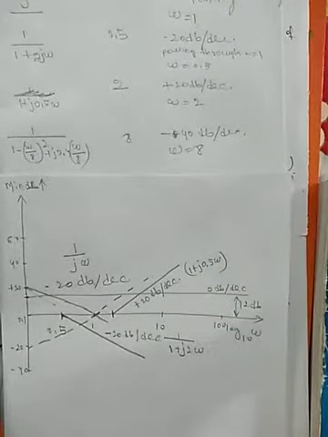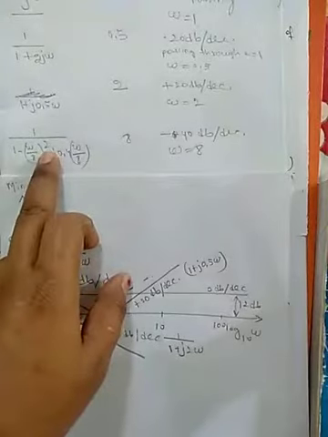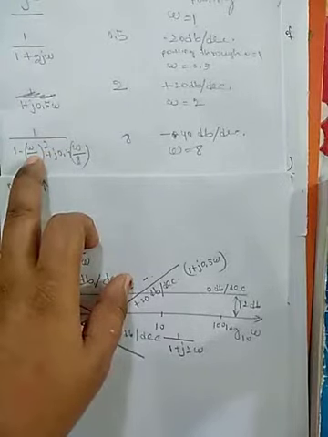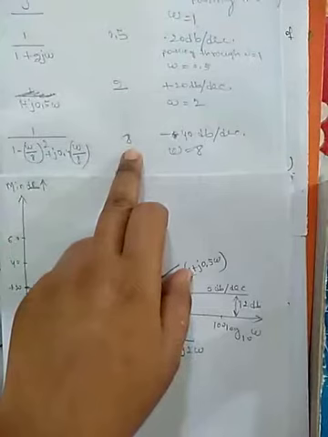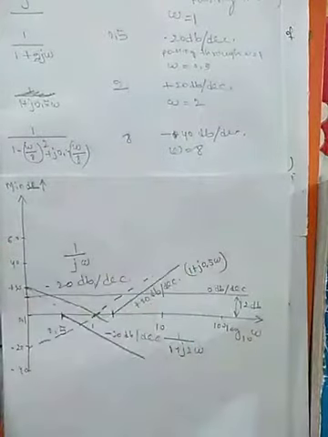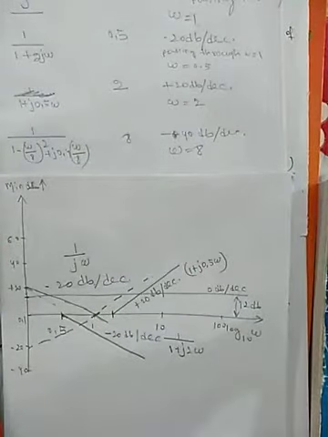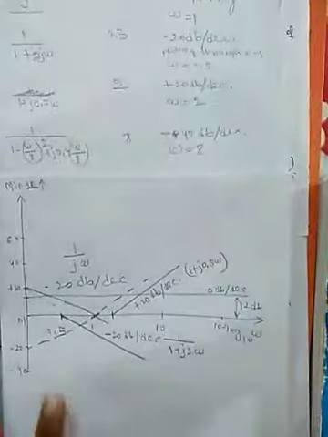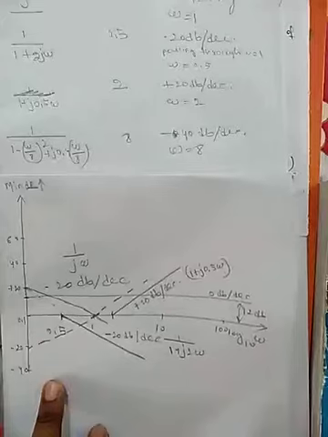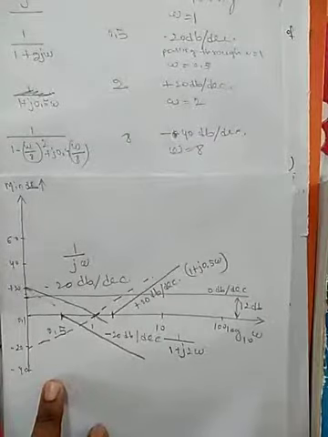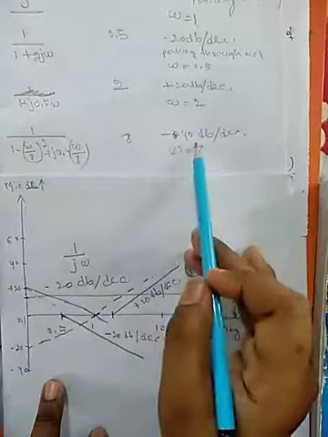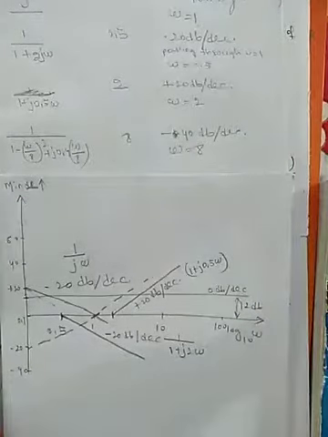Then the last one, you draw a magnitude versus frequency plot for a pair of complex conjugate poles. Corner frequency is 8. The curve is a straight line having the slope of minus 40 dB per decade, passing through a point omega equal to 1 and starting from corner frequency omega equal to 8. So minus 40, how do you draw?